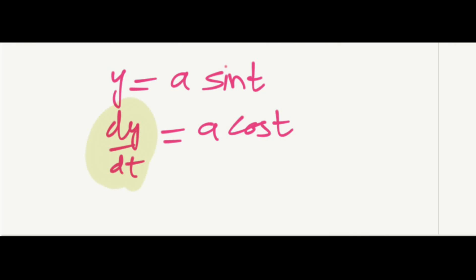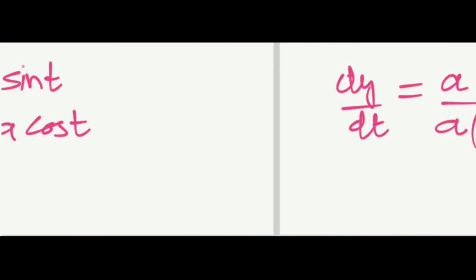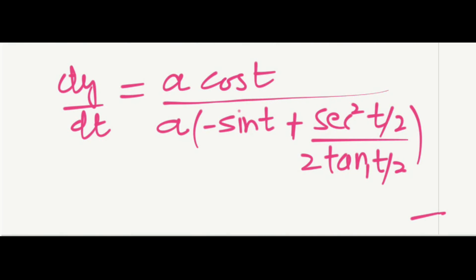Now we take the function y equals a sin t. So dy upon dt becomes a into the derivative of sin t, which is cos t. And using the parametric method, we write dy upon dx equals a cos t upon a into minus sin t plus secant.